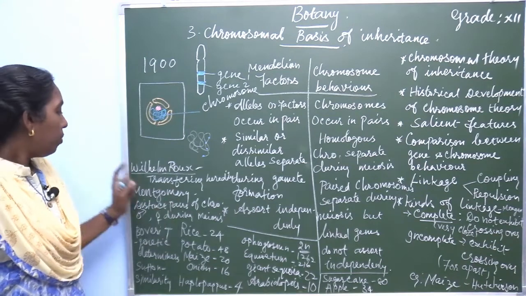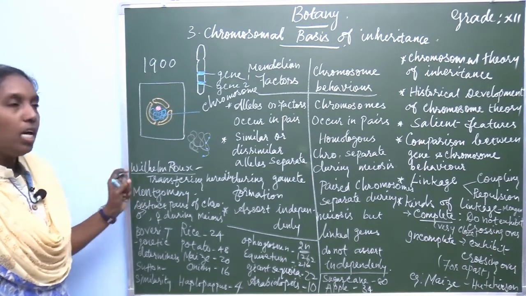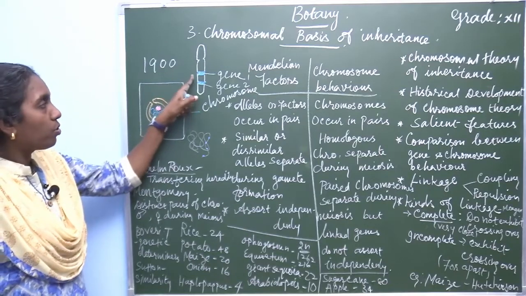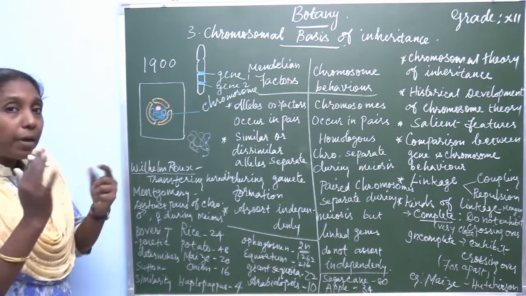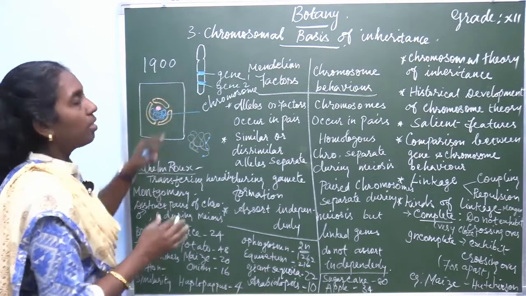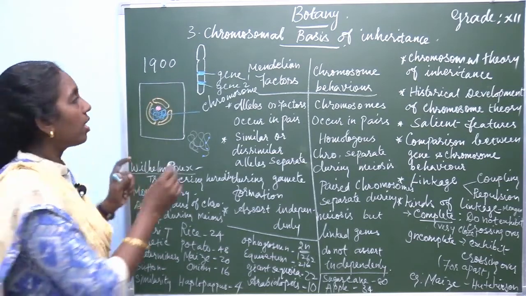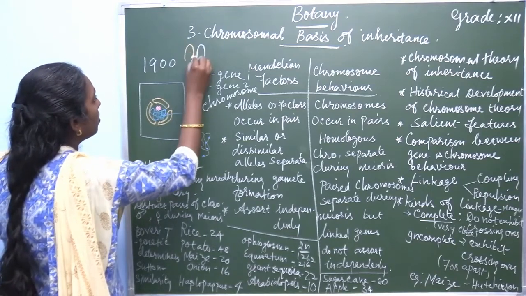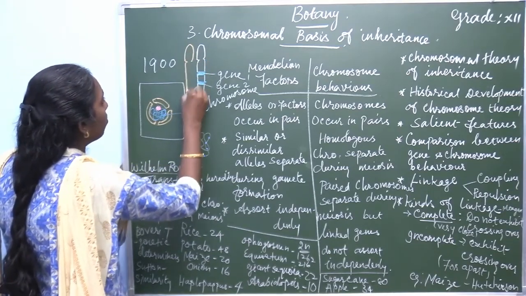Then Montgomery suggested that there are distinct pairs of chromosomes. The chromosomes occur in pairs. This is one chromosome, this is another chromosome.